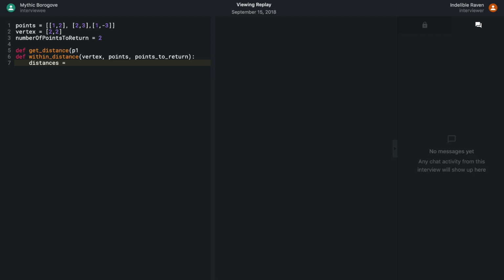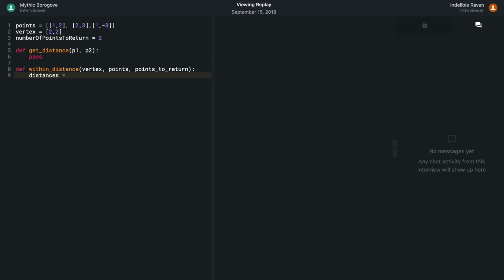So fill that in later. We want to get the distance between vertex and P for every point in points. And then we want to return sorted, well, how would we do this?